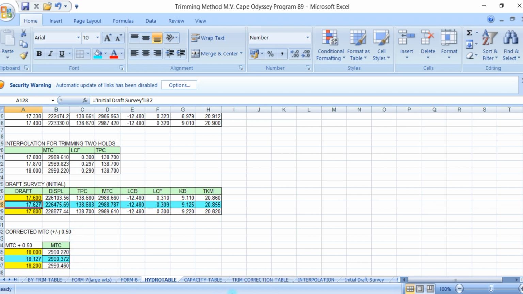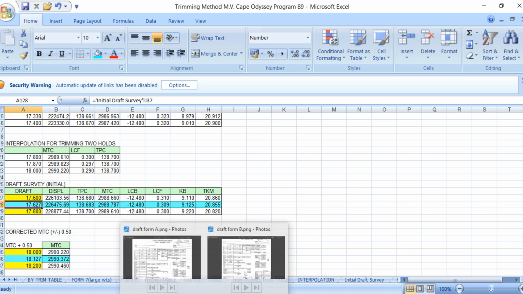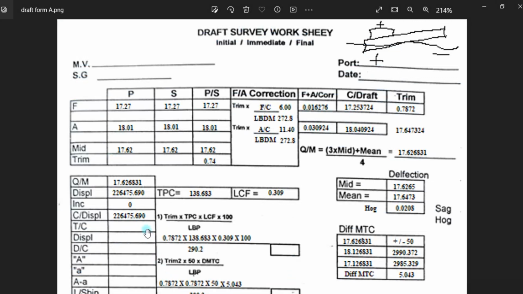So we have now the displacement of 226475.69, TPC of 138.683, and LCF of 0.309. So this is the first thing we do when we have this quarter mean: we get the displacement, TPC, and LCF by interpolation.